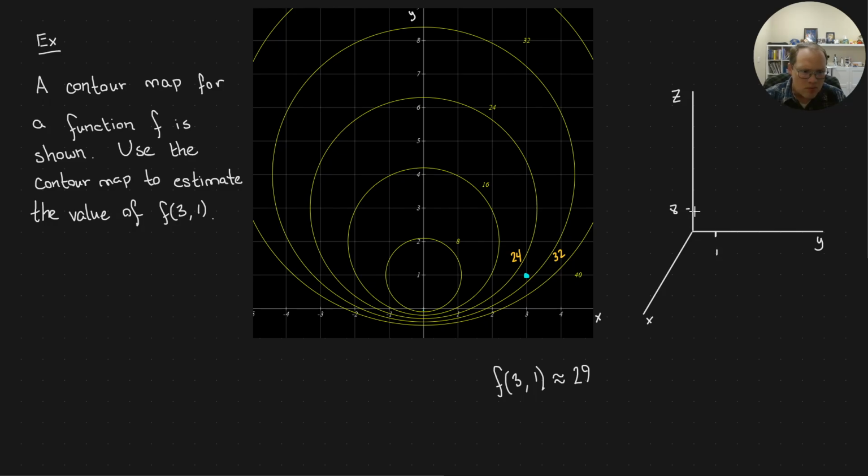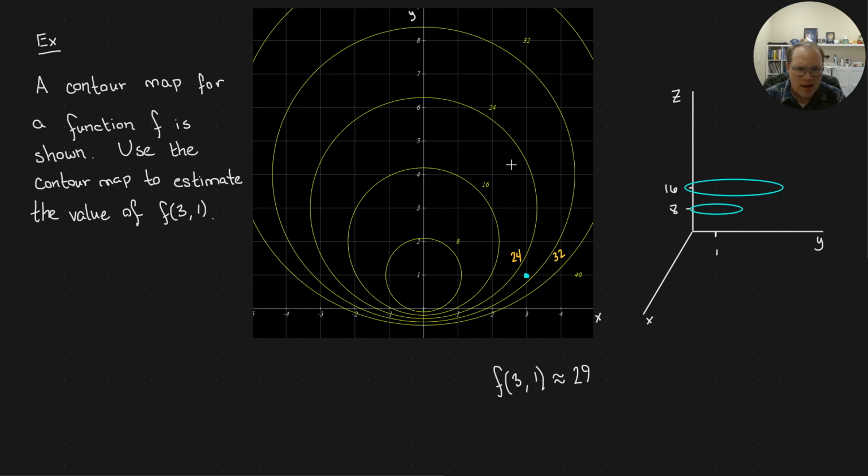My first circle would be right about here. Then my next circle is at level 16. It's a little further left, but a lot further right. Goes out 2, 3, 4, about there.